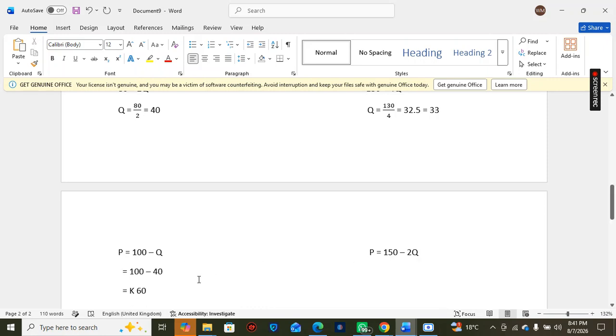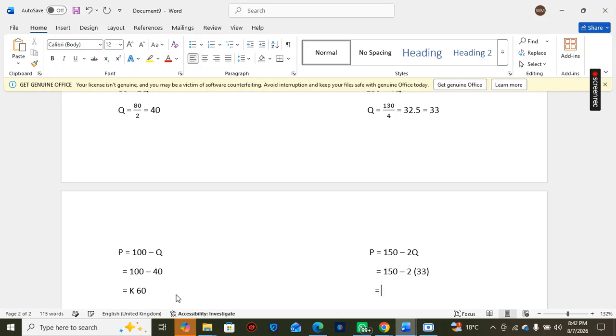So we substitute, where there's Q, we substitute it with 33. 150 minus 66, 84.